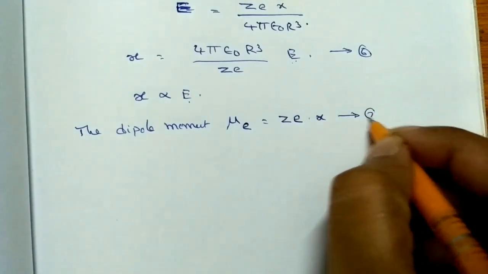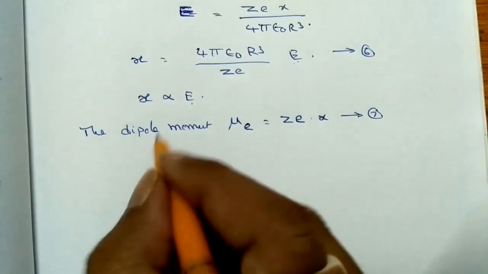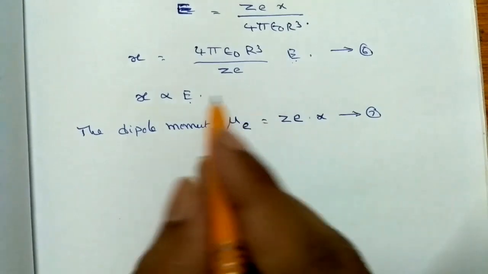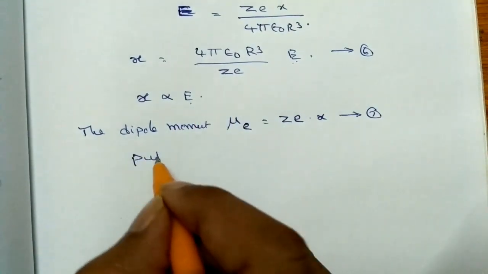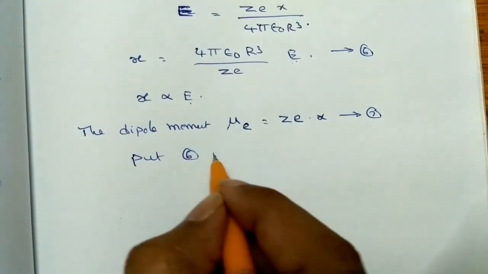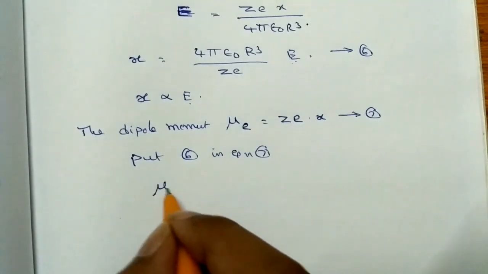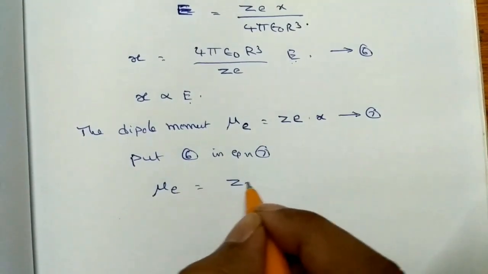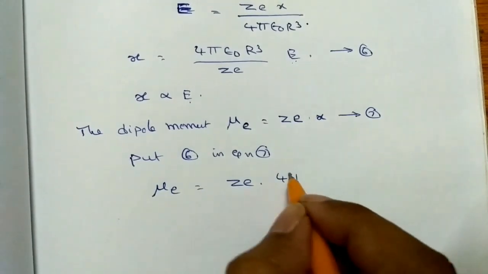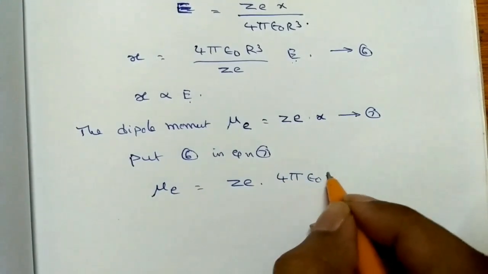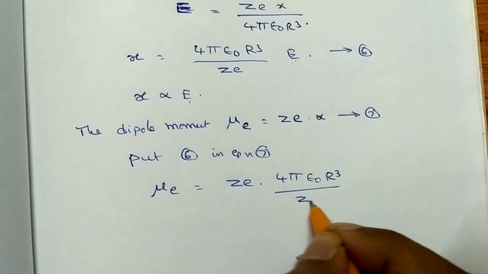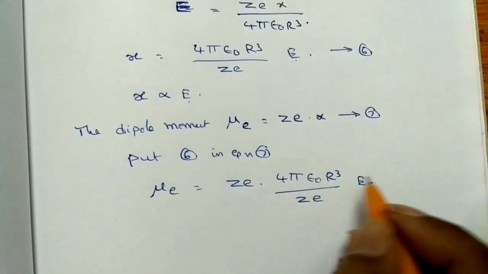This is equation number 7. Now put the x value in this equation. Put equation 6 in equation 7. It is mu e is equal to Ze into 4 pi epsilon naught r cube by Ze into E.